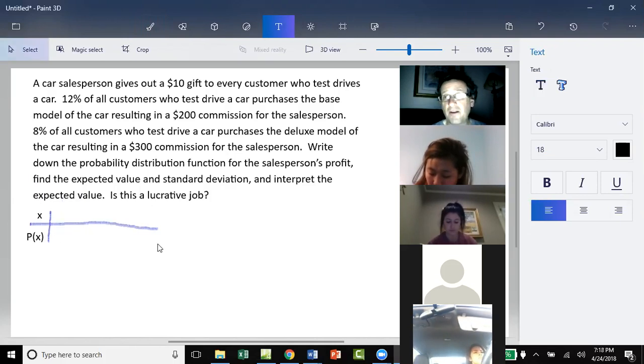Any questions so far? All right, now let's see if you can tell me what are the different things that could happen? What's the different amount of profit that the car salesperson can get?